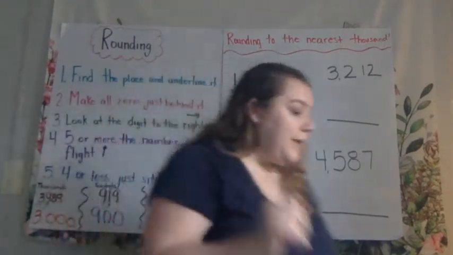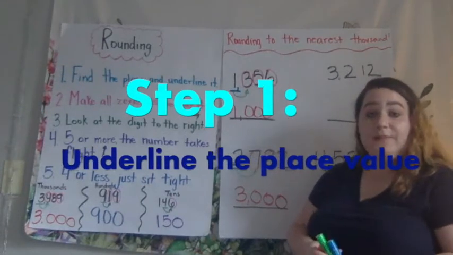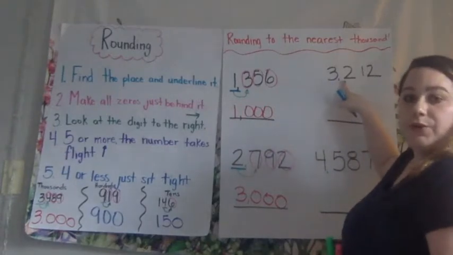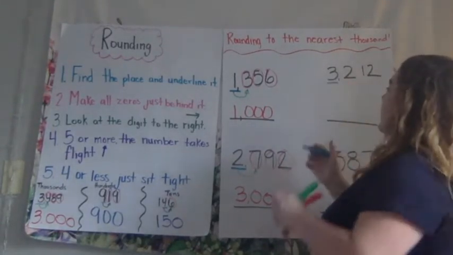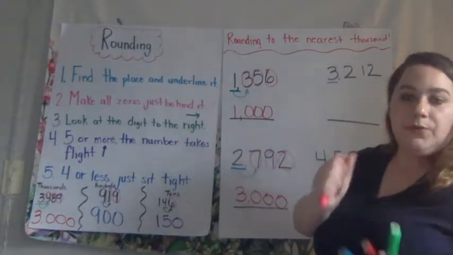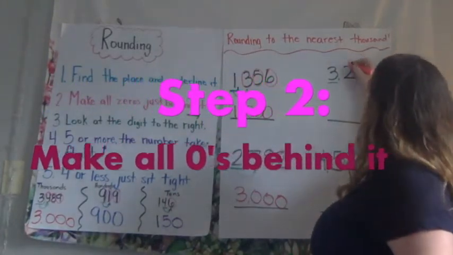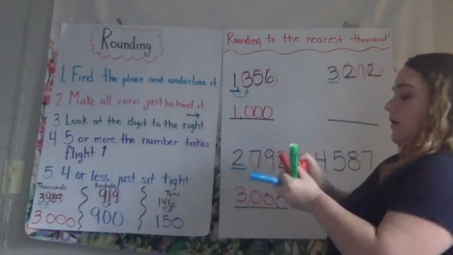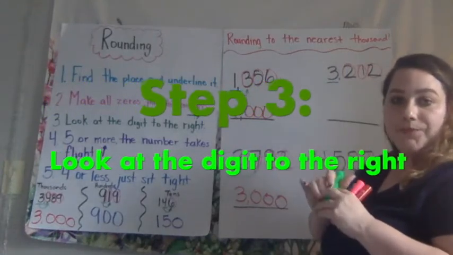First thing I should do, what do? I find the place and underline it. Good. So my number is 3,212. I'm going to underline the number in the thousands place. And then step 2, what do? I make everything behind it a 0. Good. What do I do for step 3?